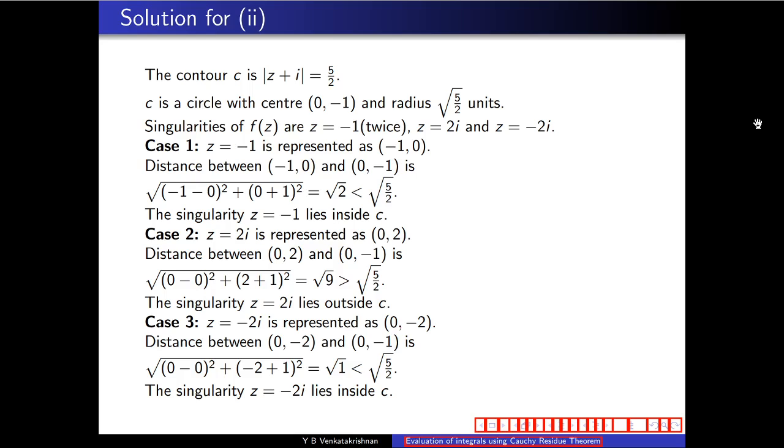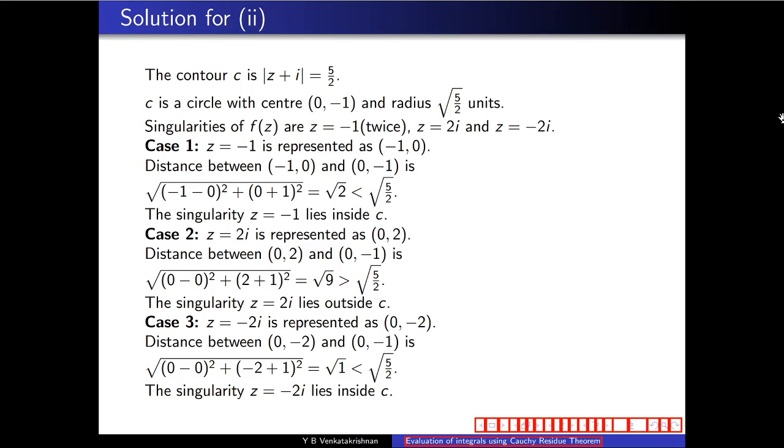So out of these three singularities, we have to identify which singularity lies inside C. In order to identify the singularity which lies inside C, I use the distance between the 2 points x1 comma y1 and x2 comma y2. Namely, the distance will be the square root of x1 minus x2 the whole squared plus y1 minus y2 the whole squared.